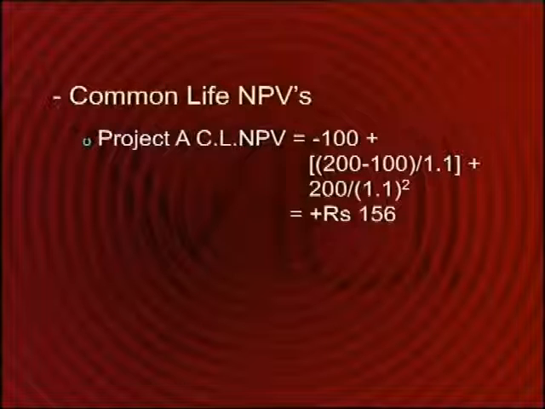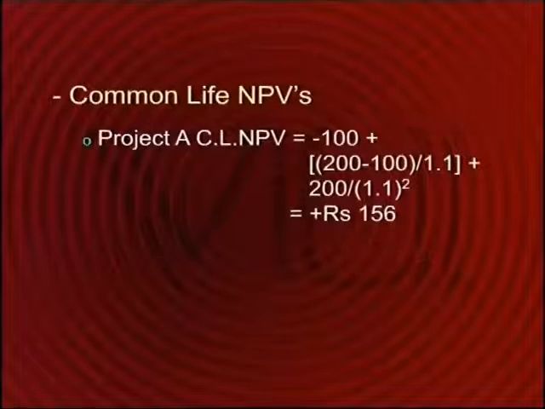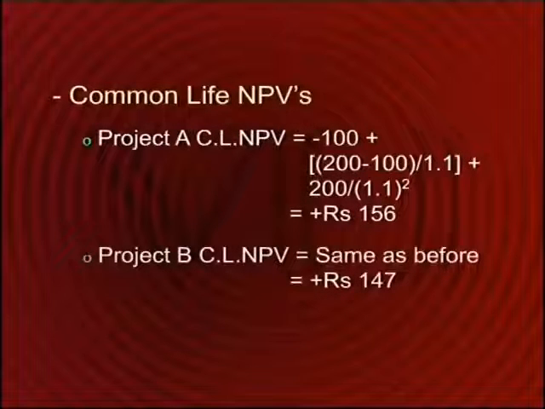And the answer that we get for project A's modified net present value according to the common life approach is plus 156 rupees. Now you will note that the net present value of project B is unchanged at 147 rupees.